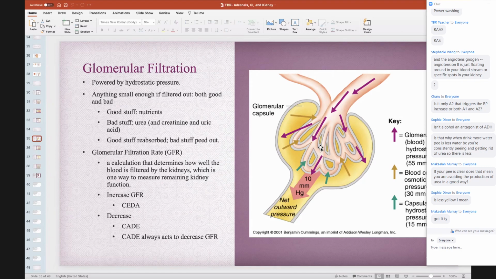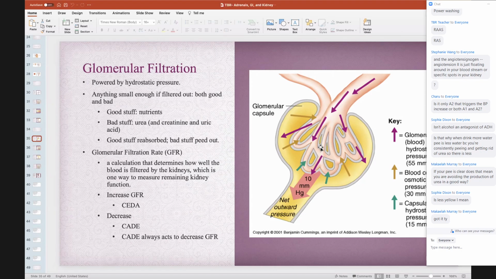Anything that can fit through will be excreted through it. So it's going to filter out good stuff, some nice different ions that we want. It can filter out glucose. That's good stuff. We want glucose in our blood. It can also filter out bad stuff, urea, creatinine, sometimes albumin if it's damaged enough.